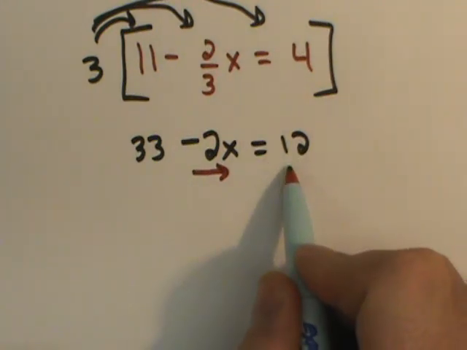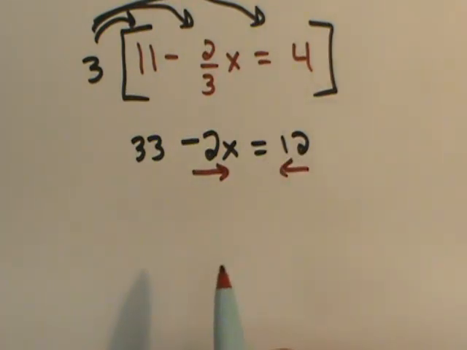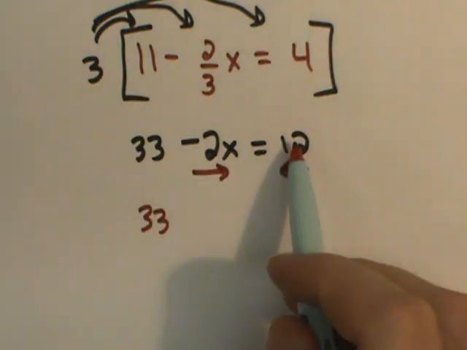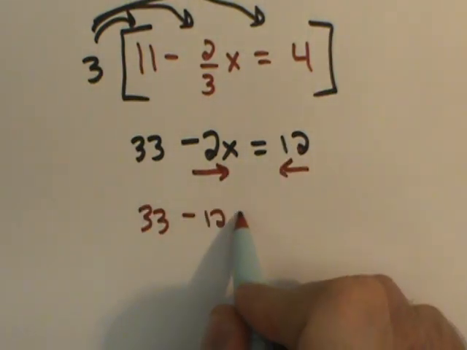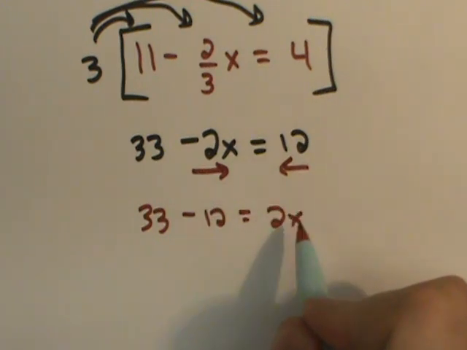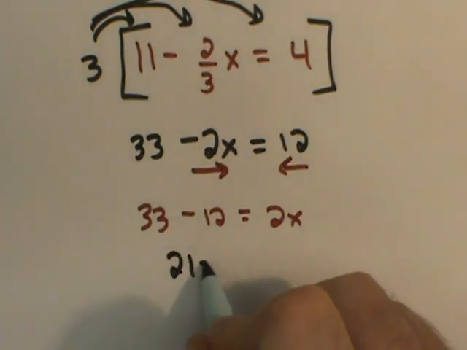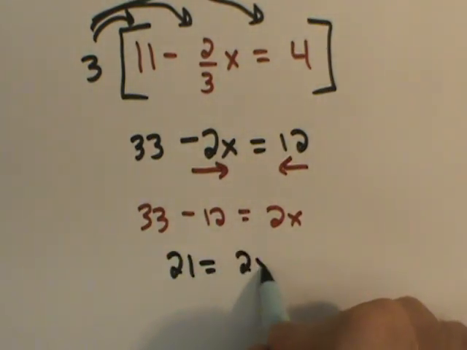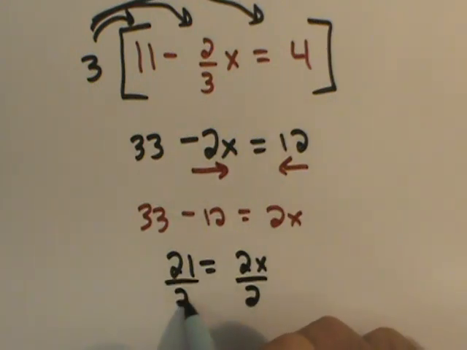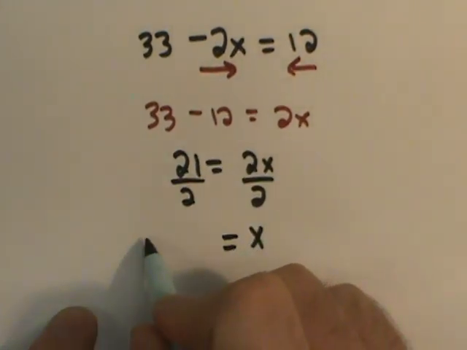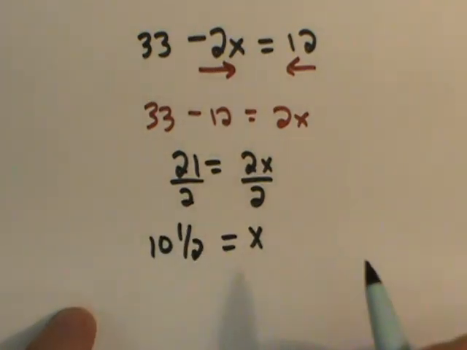This 12 would be in the way, so I'll move it to the left. And so we can call this 33, original term, minus 12, migrating term, equals 2x. Now 33 take away 12 is 21. I divide by 2, and we can say x is equal to 10 and 1/2.